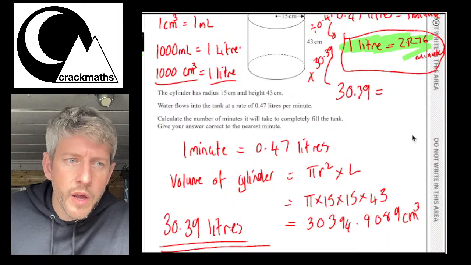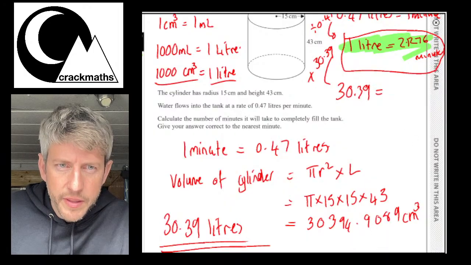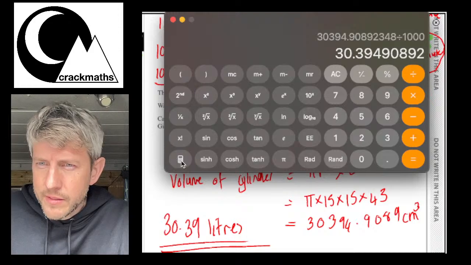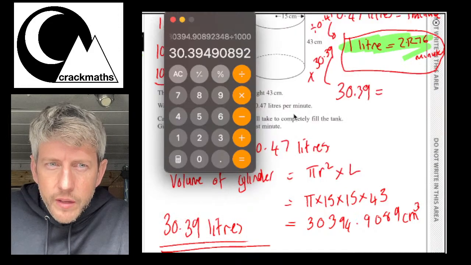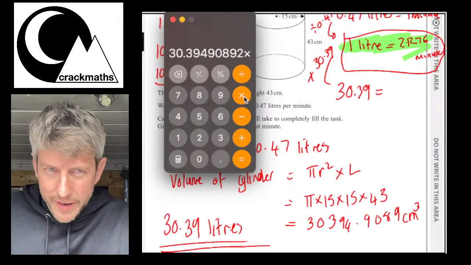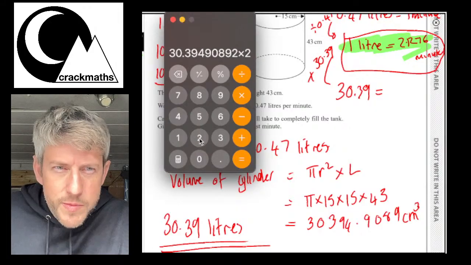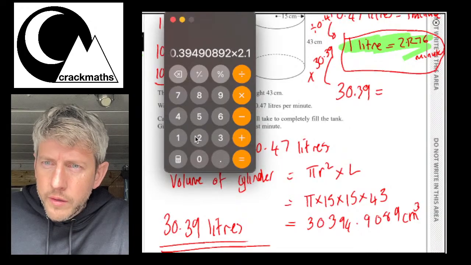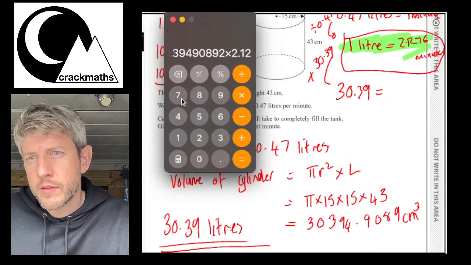Let me get the calculator, basic mode. I'm going to leave all that number in there because it keeps it more accurate, times 2.1276.